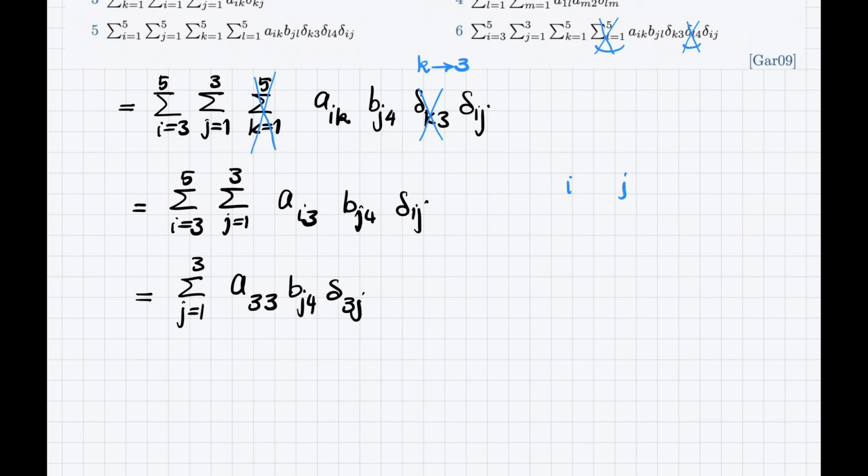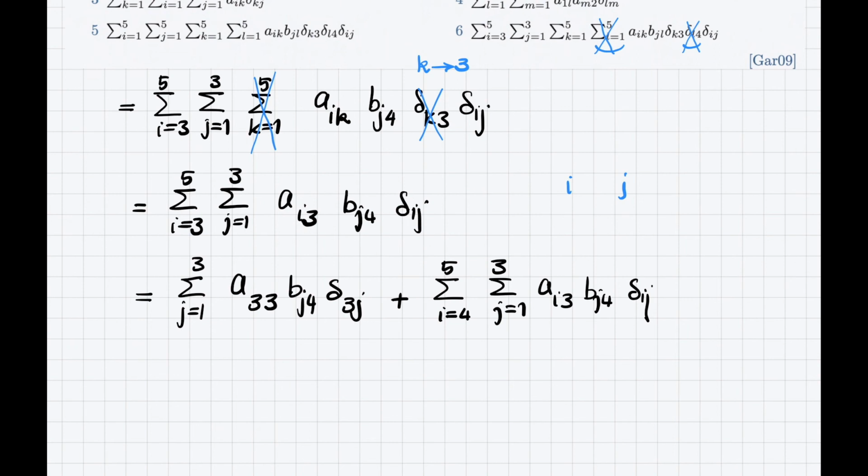So I wrote this expression for i equal to 3, but then I can write plus sigma. Now I can run i from 4 to 5, and then I will have sigma j equal to 1 to 3, a_i3 b_j4, and then I have delta_ij. So I considered the case of i equal to 3 separately.